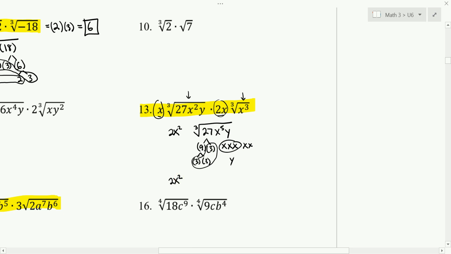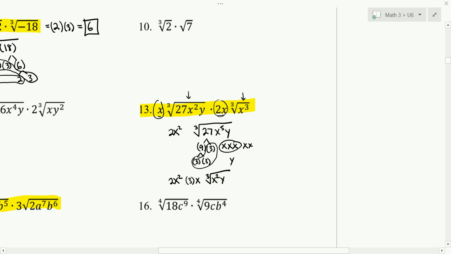And then we're able to take the cube root of 3 times 3 times 3, which is 3. And we're able to take the cube root of x times x times x, which is x. And then we have some leftovers. So left over with the cube root of x squared and a y.